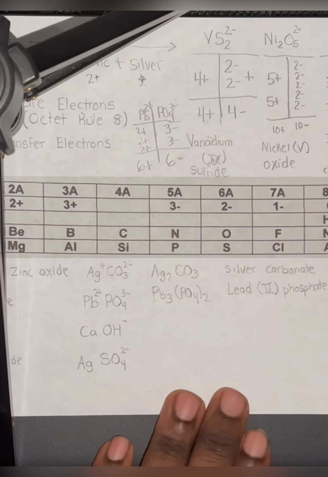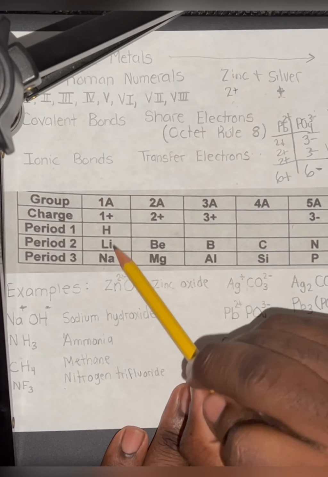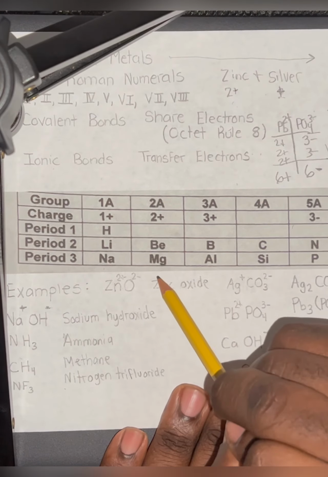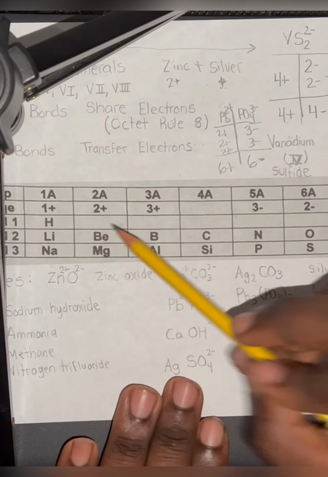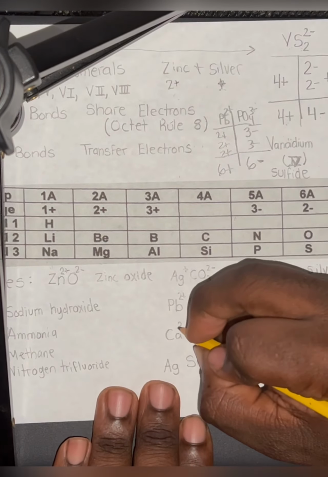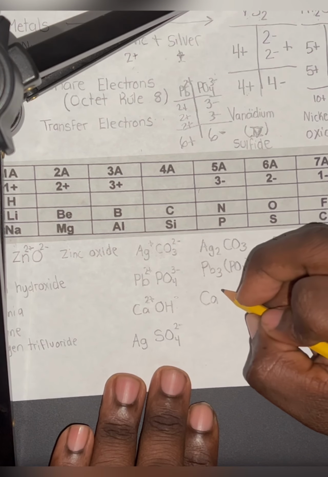All right, so let's do the next one. Calcium is, you can't see it, but calcium is in group 2A. It would be right here because this is potassium. Calcium would be in group 2A, so it has a 2 plus charge. Hydroxide has a 1 minus charge. So in order to balance these out, I would need 2 hydroxides.